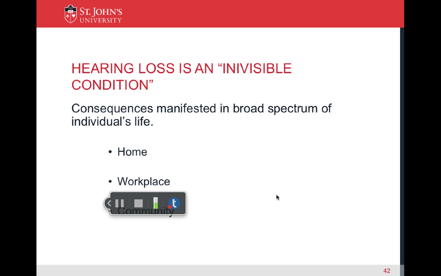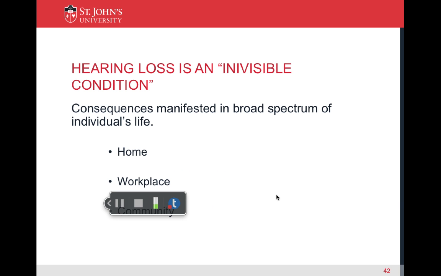Hearing loss is an invisible condition. I said this early on. Nobody knows you have a hearing loss. So if I were sitting on the subway and a man with crutches was standing, I would get up and give my seat to the man with crutches because I would see that he had knee surgery. But a person with hearing loss, I don't know that they have a hearing loss.